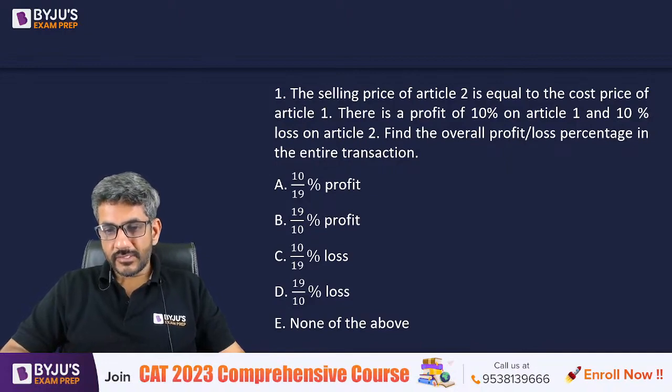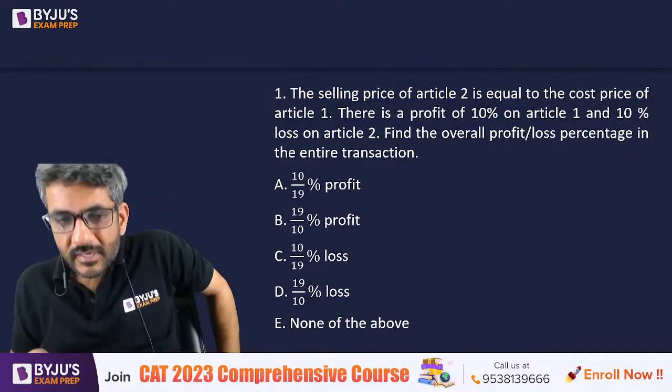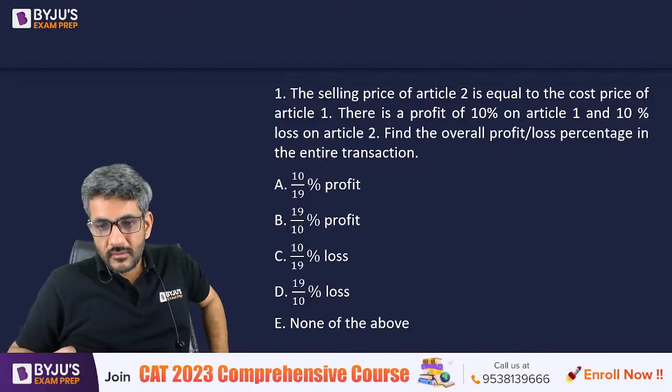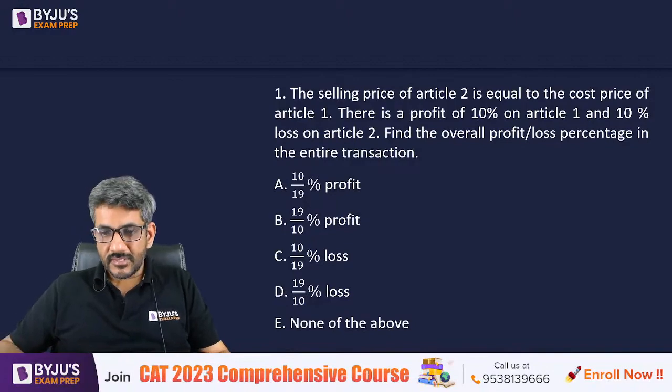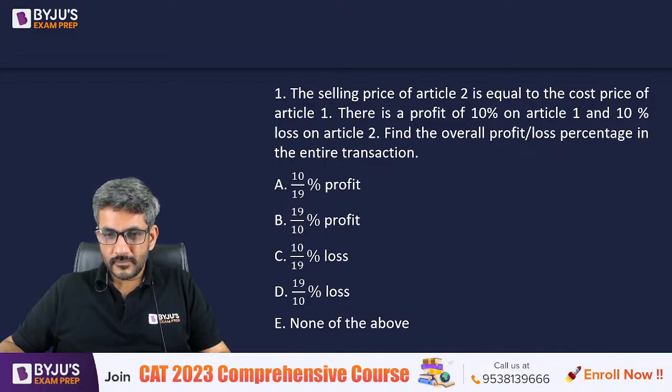Prakriti Rawal has got the answer as C, that is 10 by 19% loss. Yash has got the answer as C, which is 10 by 19% loss. Sonu Kumar has got C, okay.